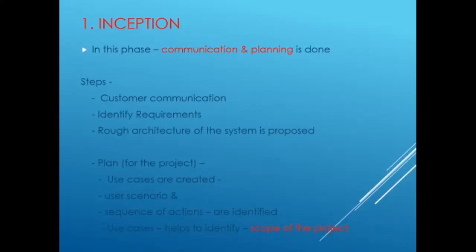That means use cases are created. By using the use case diagram, user scenario, sequence of actions, and use cases, we plan the project, which helps to identify the scope of the project.